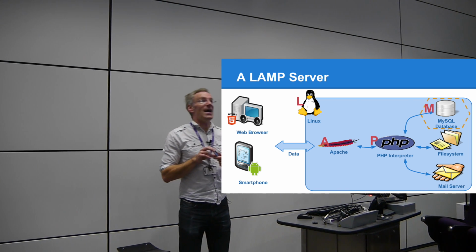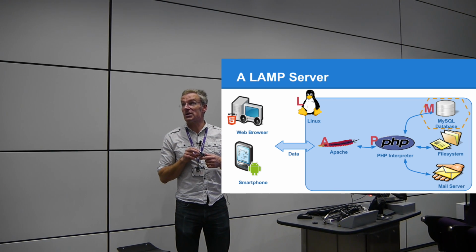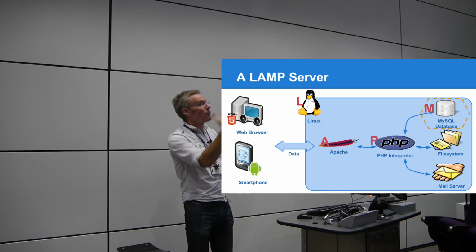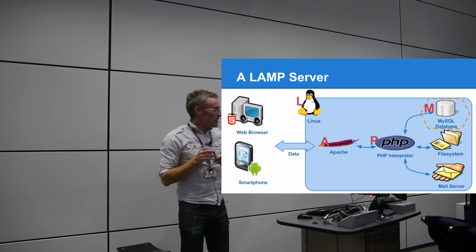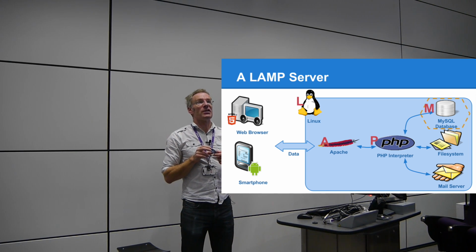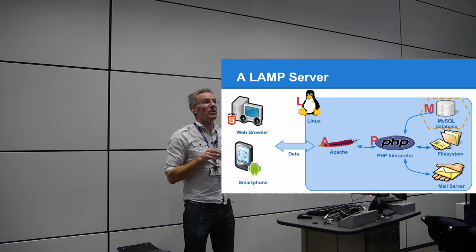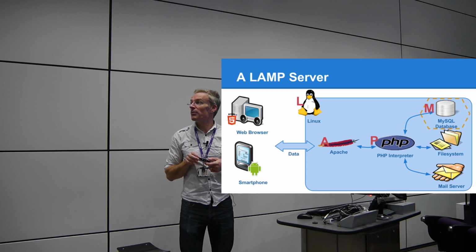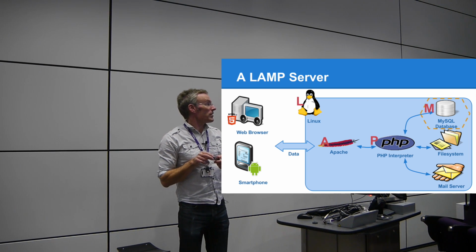That's the L. The A is the Apache web server, which we talked about in the first lecture, I think, wasn't it? The bit of software that listens out for people requesting pages and sends the pages back to the user. The M is your MySQL database. Not D for database, M for MySQL, because every Linux web server comes pre-installed with the MySQL database. So you find almost all Linux servers are using MySQL. And they all use Apache because that's the best web server out there.